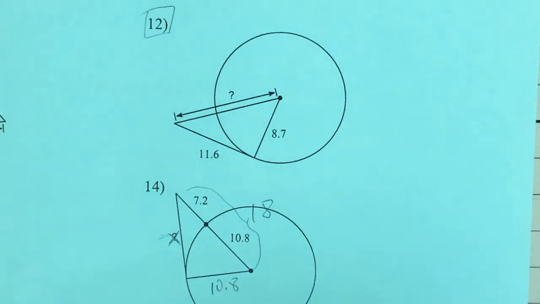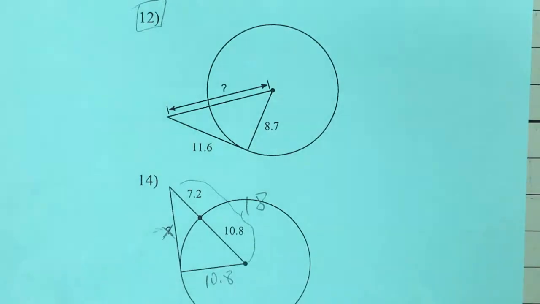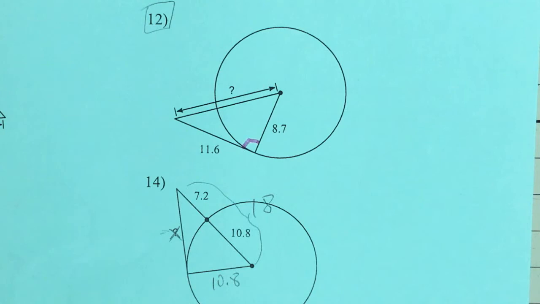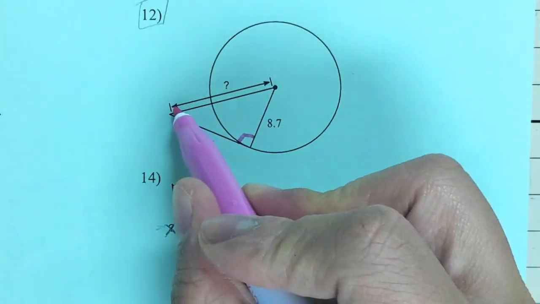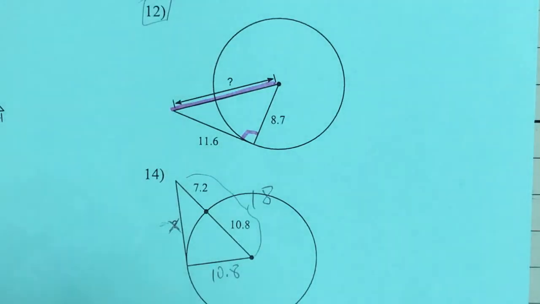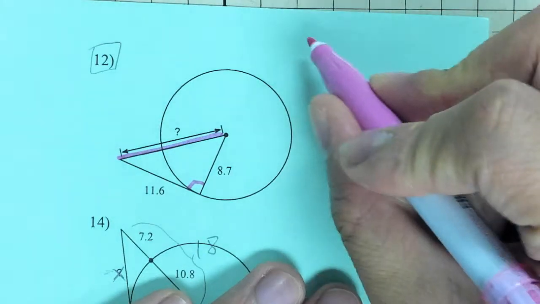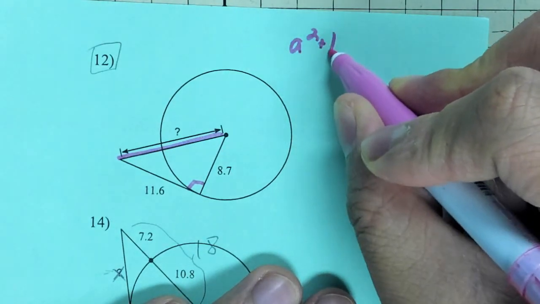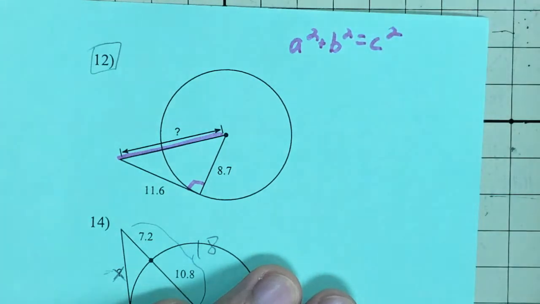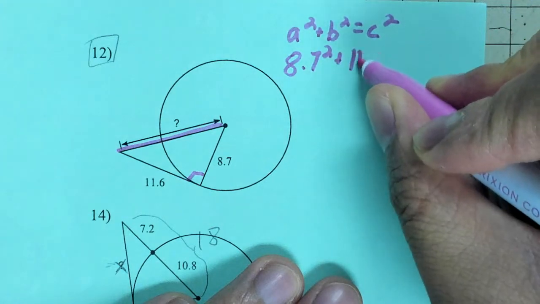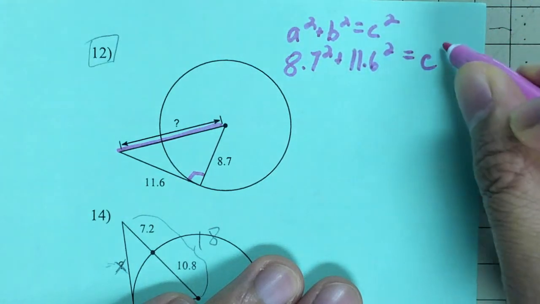Next up, number 12. Still working on the same concepts here. We have a tangent line. Because we have a tangent line, this is a right angle. So now, I want to find this entire part. And there's your right triangle, so we can use Pythagorean theorem. A squared plus b squared equals c squared. 8.7 squared plus 11.6 squared equals c squared.